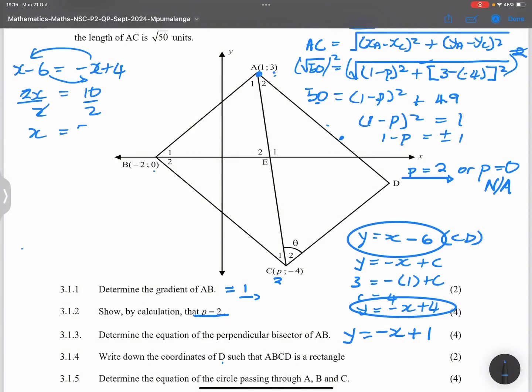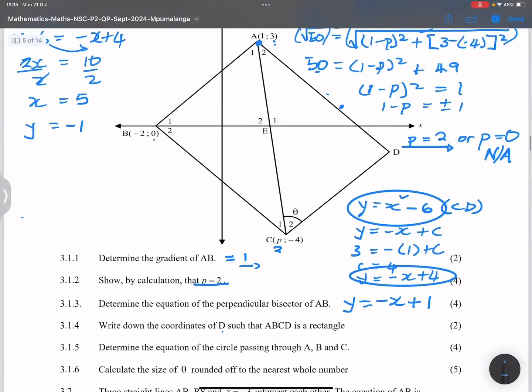And of course, to get the y value, I can substitute into either of the two equations. I'm going to substitute into the easier equation. Well, actually, both of them are not that bad. So if I substitute x is equal to 5, I get -1. Right, so the coordinates of D are 5 and y is -1.